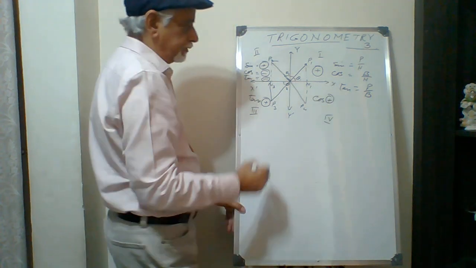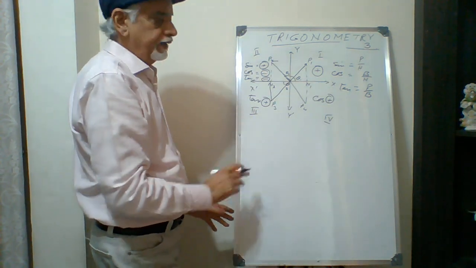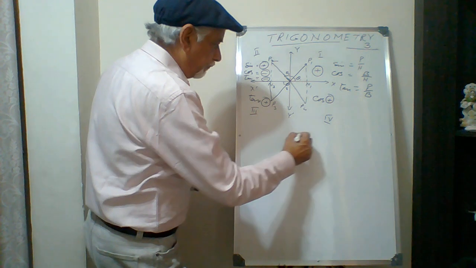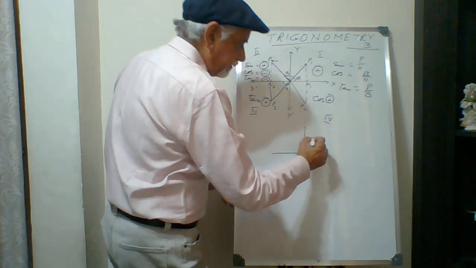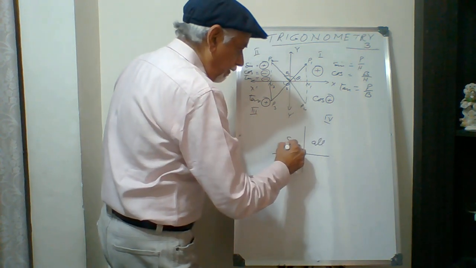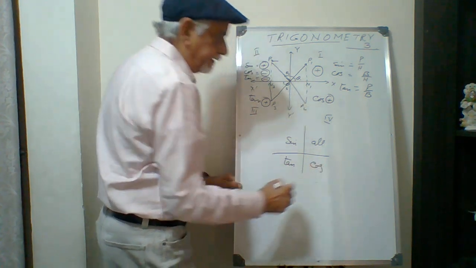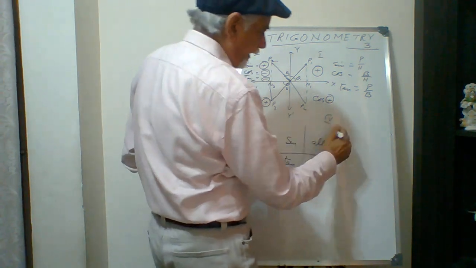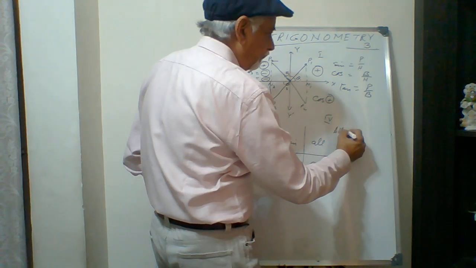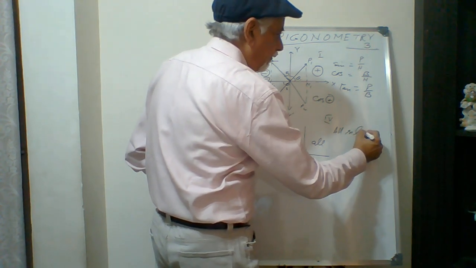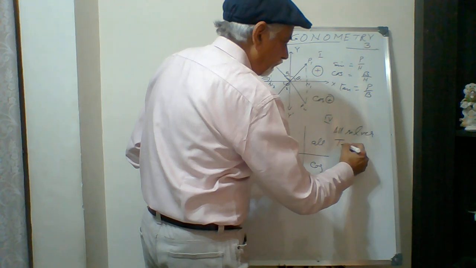So the easiest way to remember this type of sign convention in trigonometry is we divide this like this and call it All Sine Tan Cos. And the easiest way to remember this is we write All Silver Tea Cup.